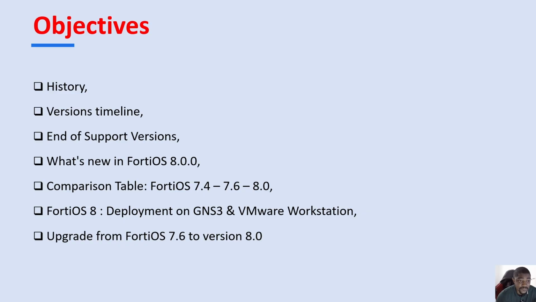We'll also talk about the new things that are available with FortiOS 8.0. We'll see a little comparison of functionalities that we have on FortiGate 7.4, 7.6, and the latest 8.0. We'll also see some deployment: how to deploy or install the latest version, FortiOS 8.0, both on GNS3 and on VMware Workstation.